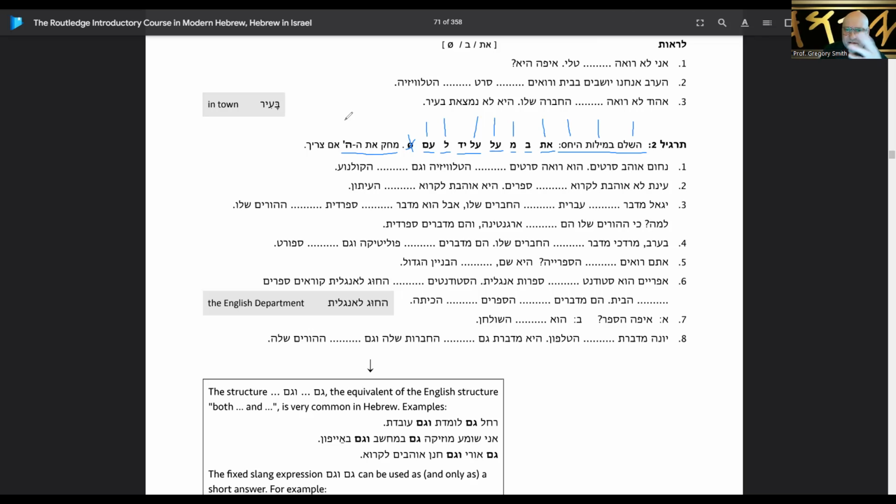So if you have to put the preposition in there, then you would have to get rid of the hey and put the bet in there. That's essentially what that's saying. Delete if necessary. All right, so let's take a look here.